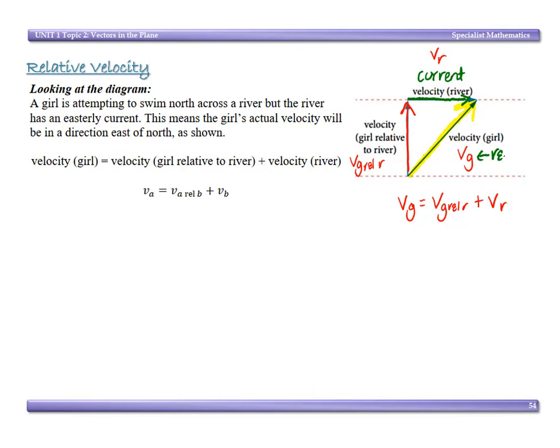This is your resultant. So in general, for relative velocity, the velocity of A will equal the velocity of A relative to B plus the velocity of B.